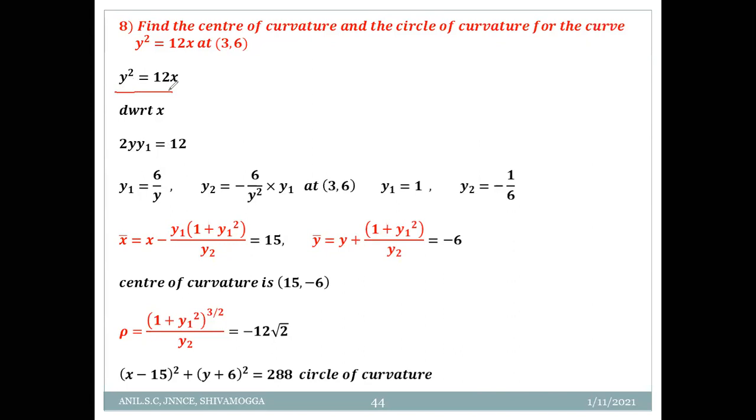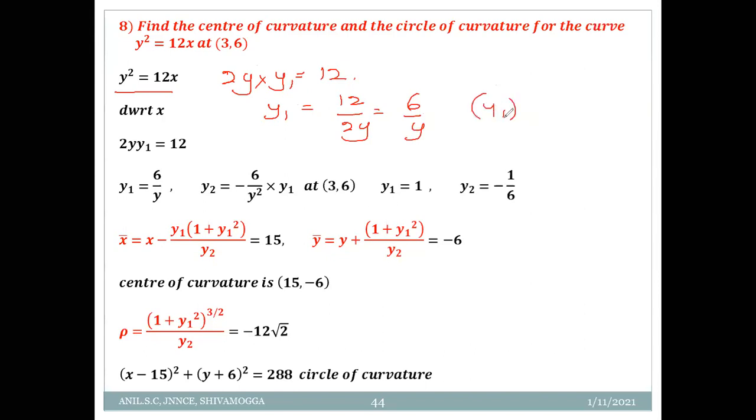Y square is equal to 12x. Differentiate both sides. Derivative of y square is 2y. Derivative of y is y1. Derivative of 12x with respect to x is 12. Therefore, y1 is 12 divided by 2y, or you can write it as 6 divided by y.